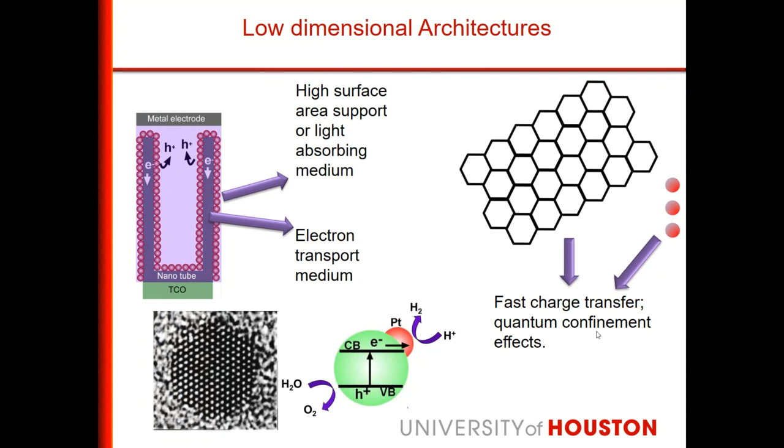All the 2D materials, particles, quantum dots or nanoparticles can exhibit charge transfer much faster than the bulk material, or they can show the quantum confinement effect. That means the size effects will be much more evident in the case of nanoparticles.